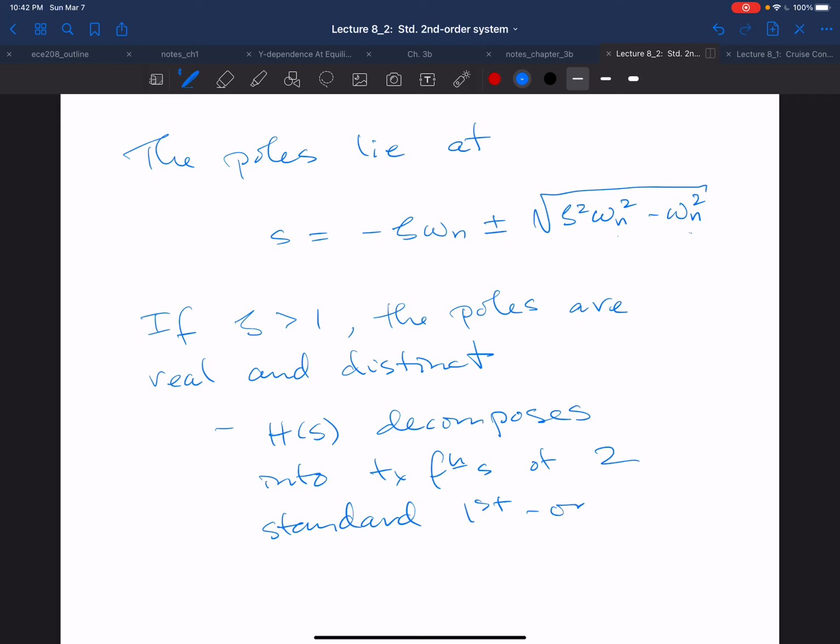So we can use the results we found last week for the impulse response and the step response of the standard first order system. We'll essentially have two such systems in parallel if we have the sum of two such transfer functions. So we'll just have to find their responses and add them up. So this case, where zeta is greater than 1, reduces to the case of the first order system.